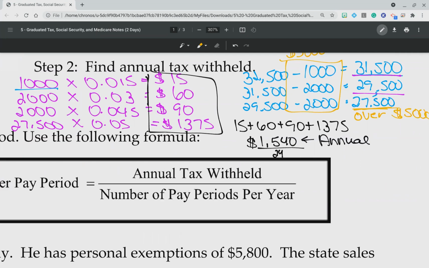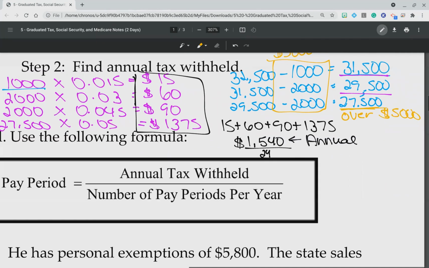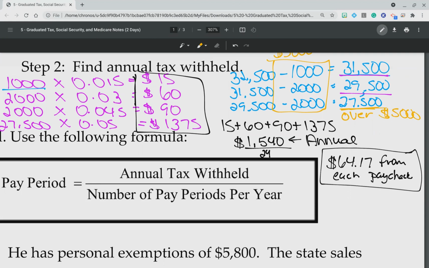So 1,540 divided by 24, I get $64 and 17 cents from each paycheck. So that's an extra step there.